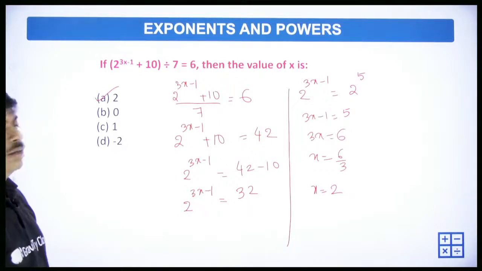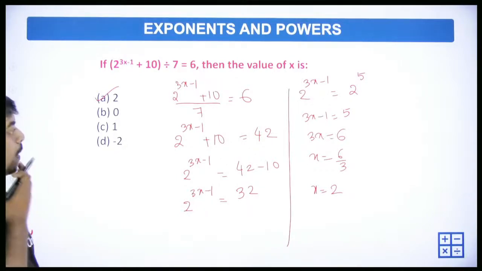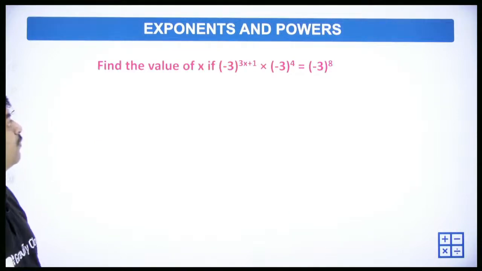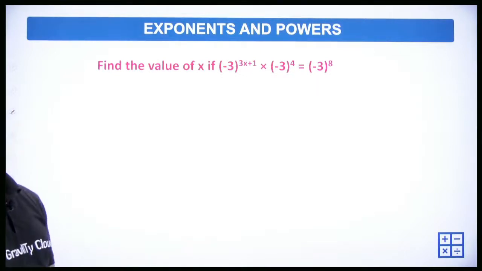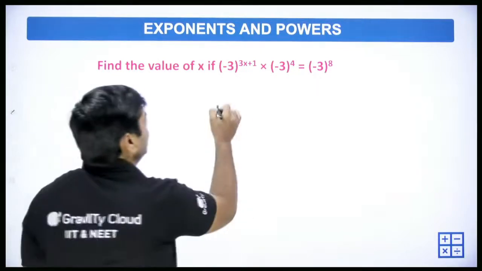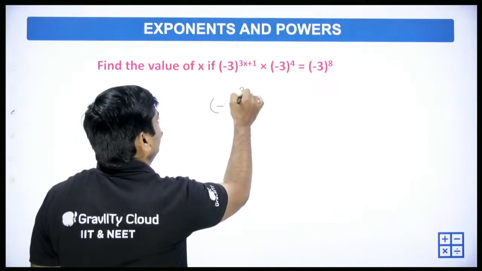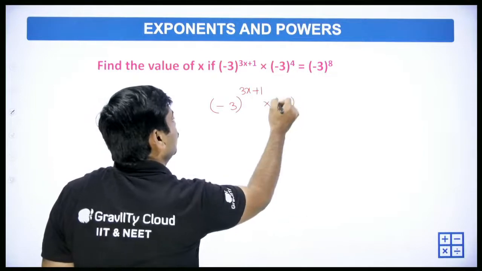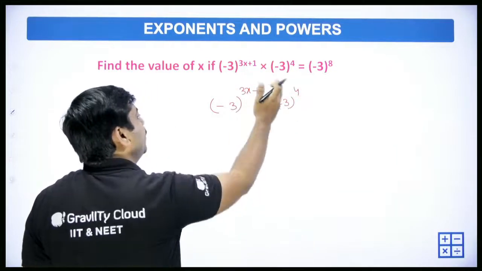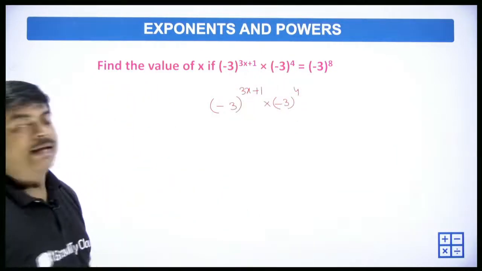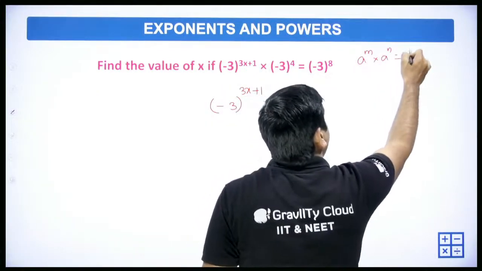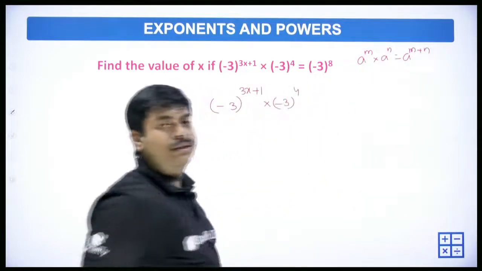So the next question we are having: find the value of x if (minus 3) power 3x plus 1 into (minus 3) power 4 is equal to (minus 3) power 8. A power m into a power n is equal to a power m plus n.